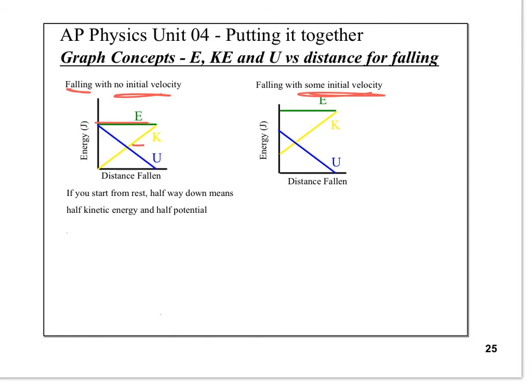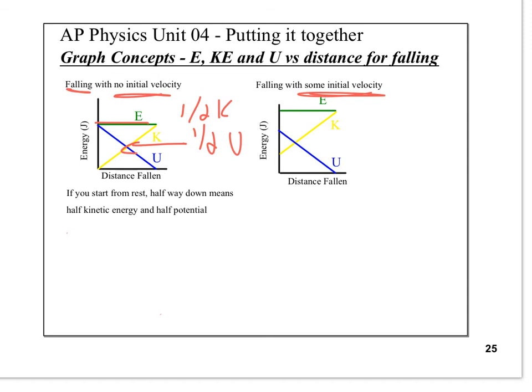Last point I want to make here, this point of intersection when we just drop an object is where we have half kinetic energy and half potential. That is halfway down. When we are just falling, halfway down is where we have lost half of our potential energy and gained half of our total kinetic energy.